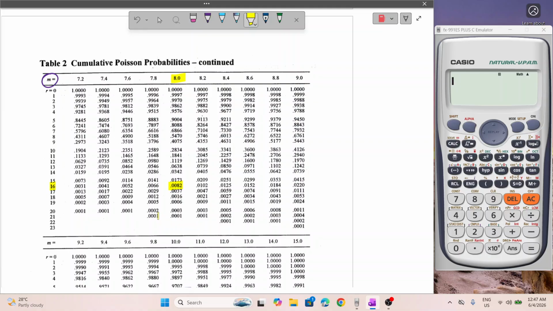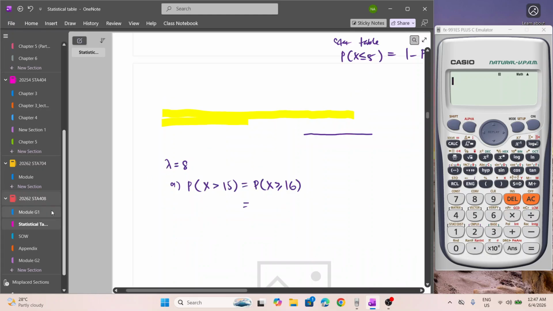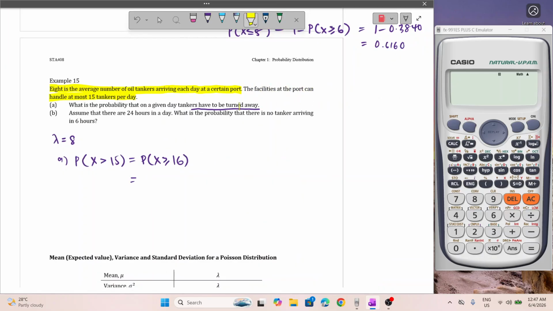So the value is equal to 0.0082. Go back here and the value is equal to 0.0082.